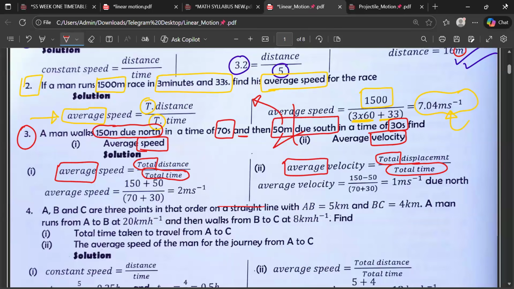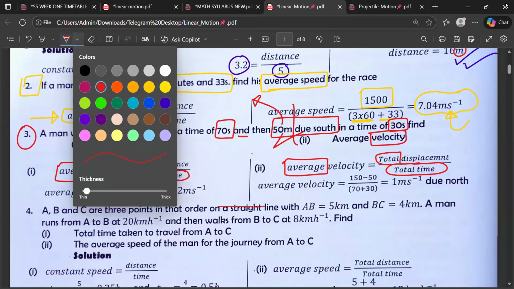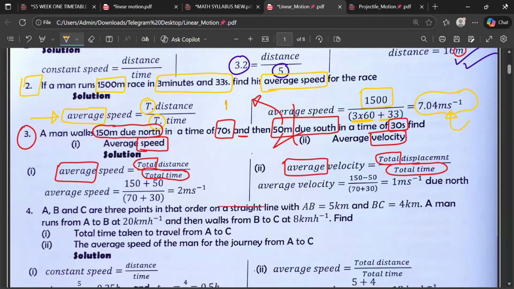You people, you listen. This number is serious. So total time may be a bit easier because at first it was 70, then 30. So to get total time, you add 70 plus 30 in both cases.